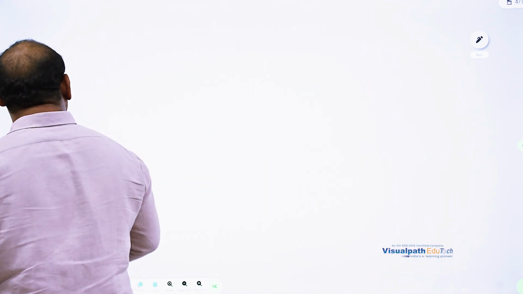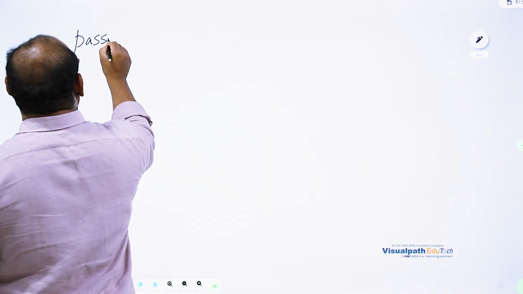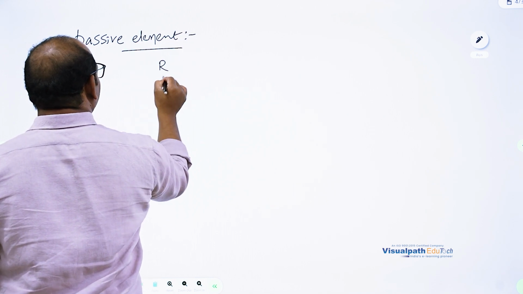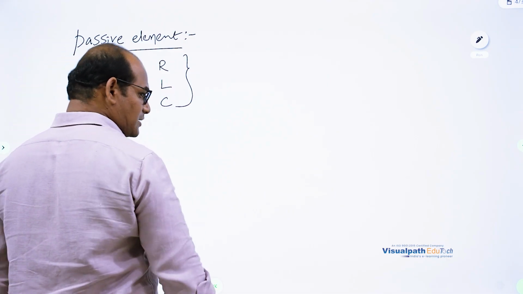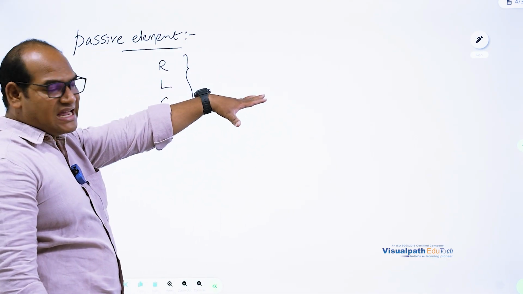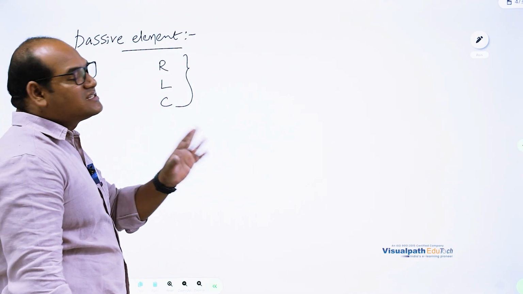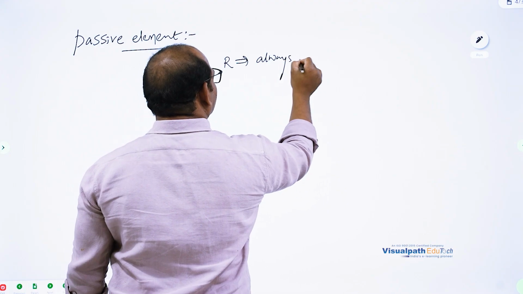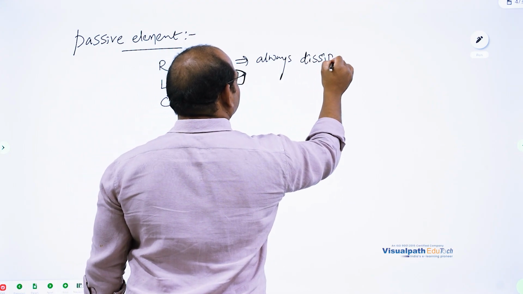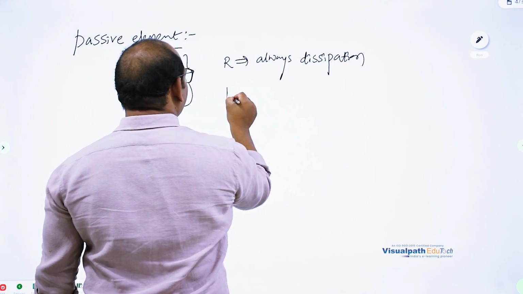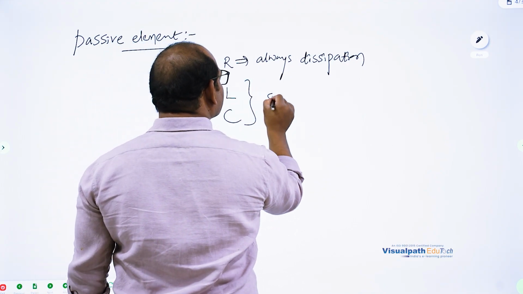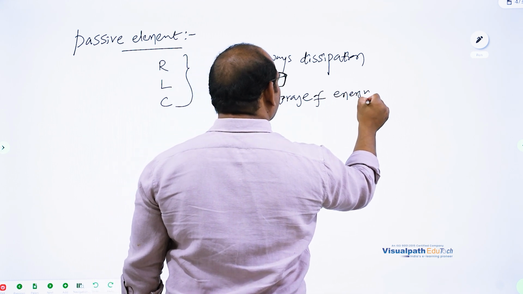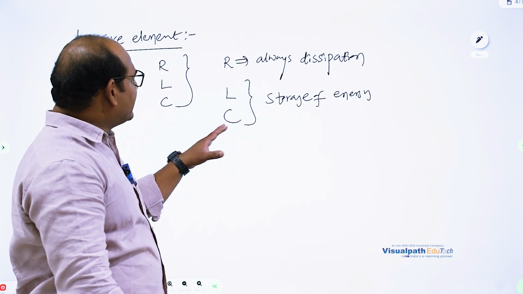Now we will see the passive elements. Already I told that resistor, inductor, capacitor can be used as passive elements, and these are not for the generation of the energy. These are for just dissipating the energy or dissipating the power. And one more thing is resistor is always dissipating only, always dissipation. But in case of inductor and capacitor, these are for storage of energy in the form of magnetic field and electric field respectively.